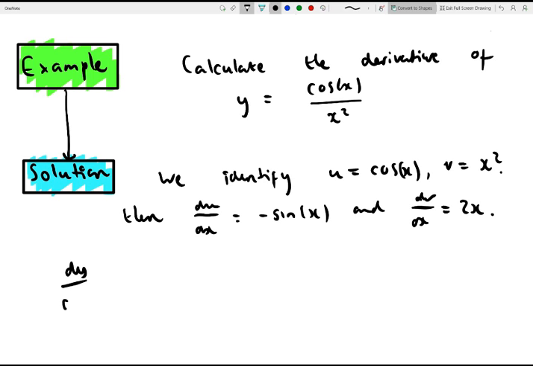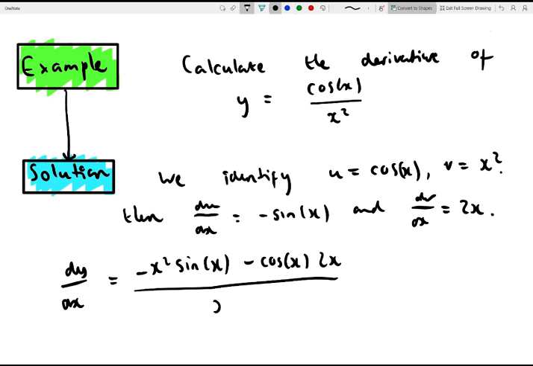Then dy by dx is minus x squared sine of x minus cos of x times 2x, all divided by x to the 4. Simplifying this, taking the minus out the front, we've got x sine of x plus 2 cos of x all over x cubed. And that's the final answer.